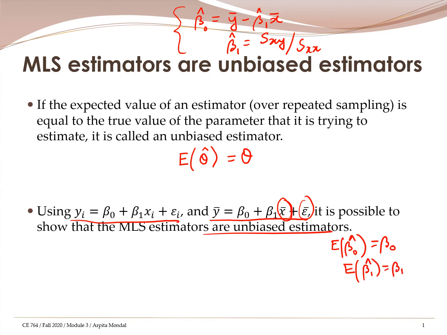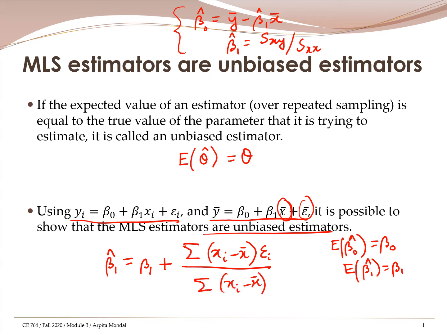In order to prove this, you have to first express beta 1 hat in terms of the true parameter beta 1 plus the summation of (xi minus x bar) times epsilon i, divided by the summation of (xi minus x bar) whole square. So this is the hint.